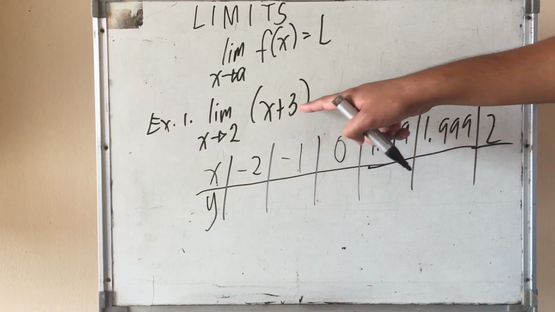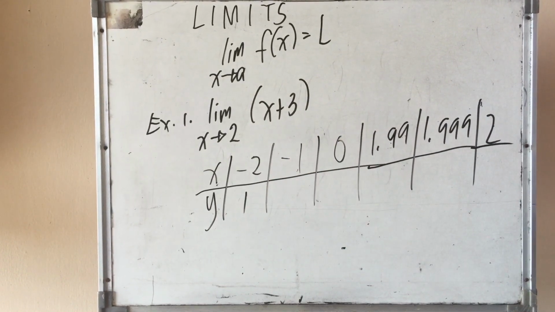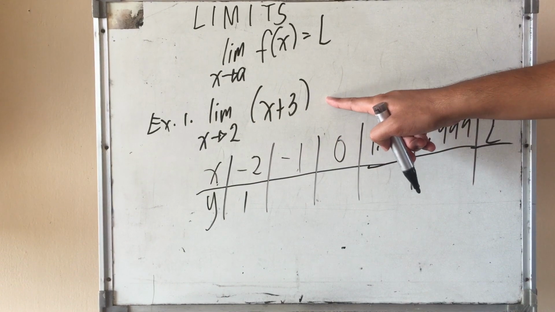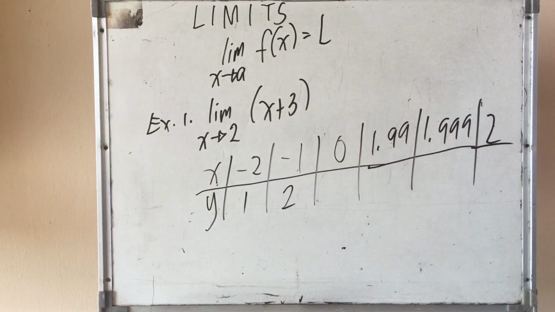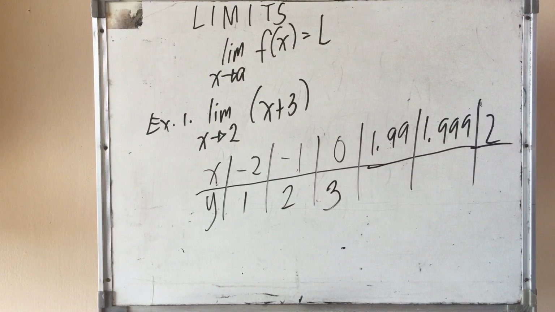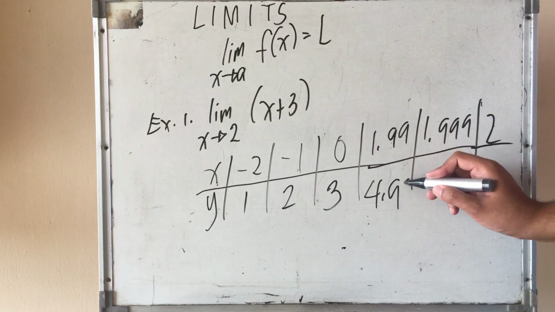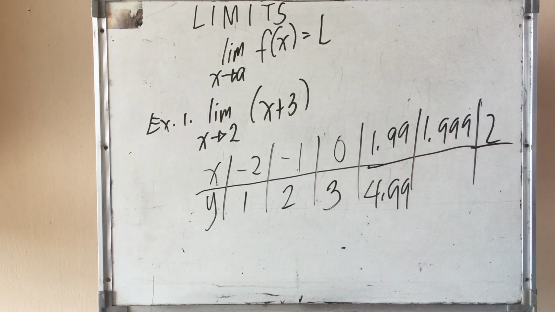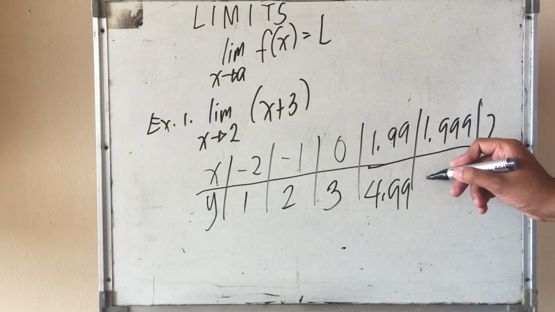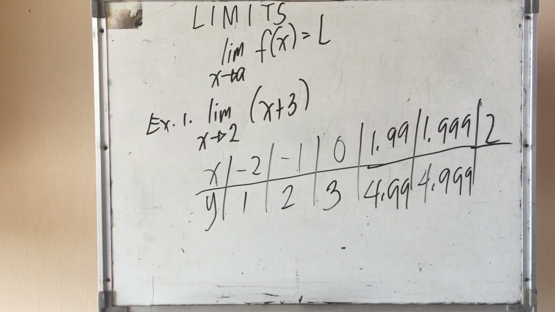So negative 2 plus 3 is equal to 1, so y is equal to 1. Negative 1 plus 3 is equal to 2. 0 plus 3 is 3. 1.99 plus 3 is 4.99. And 1.999 plus 3 is equal to 4.999.